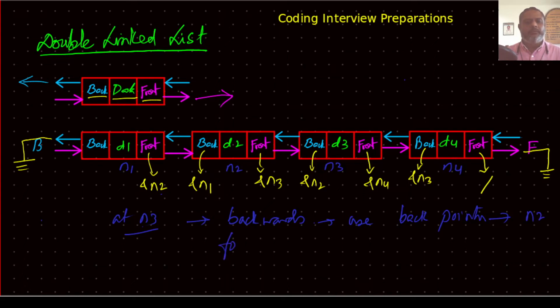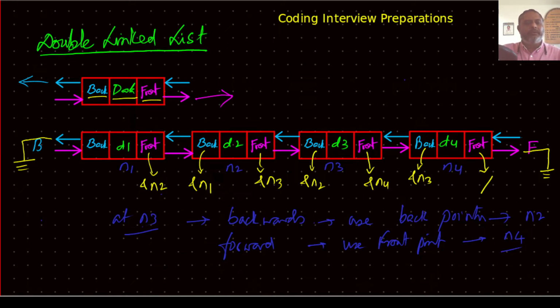And if you want to move forward, then use the front pointer, and that leads us to N4, the fourth node. Done. How all these things are done, let's see in detail one by one.